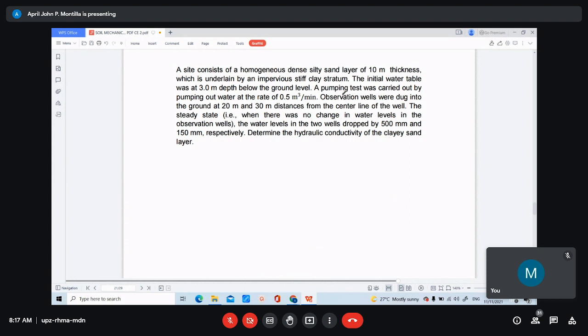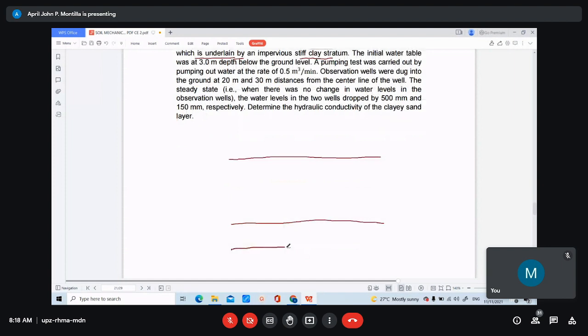No? Ano sabi dito? We have a silty sand layer underlain by a stiff clay stratum or a clay layer. So, meron tayong dalawang layers na binanggit. Ang tanong ngayon, ano yung nasa itaas, ano yung nasa ilalim? Dahil kapag nagkabaliktad yung dalawa, mag-iiba yung condition. Let's analyze.